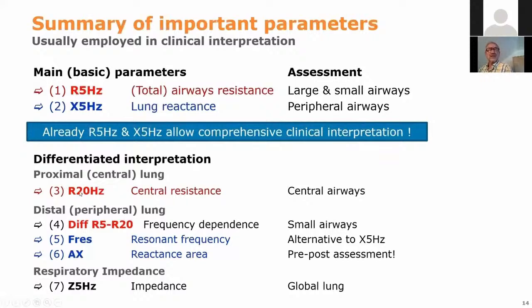Then you look at R20 as central resistance. The difference between R5 and R20 is the small airways indicator. The resonant frequency is an alternative to the lung reactance and very well applied in pre-post assessments, and AX in the same manner. And there is a global parameter called impedance, which reflects the global situation of the lung.